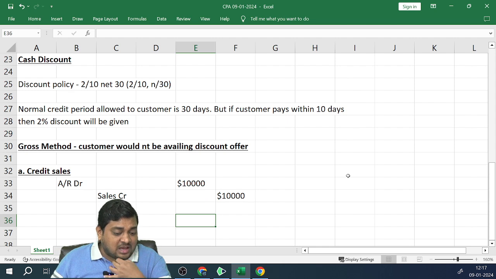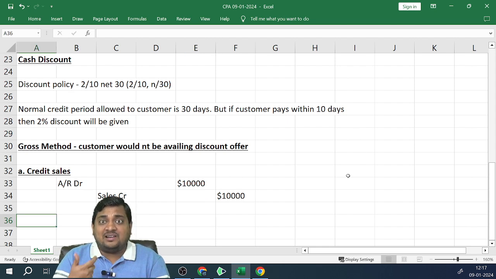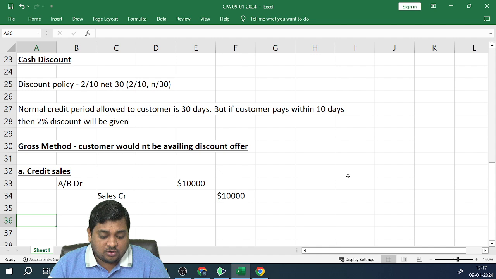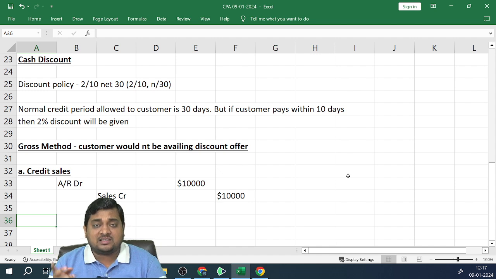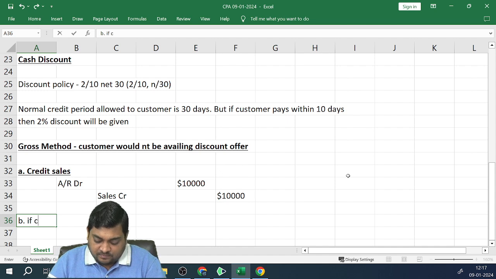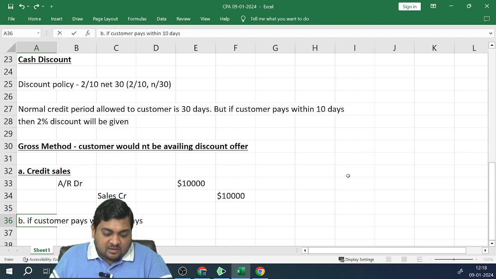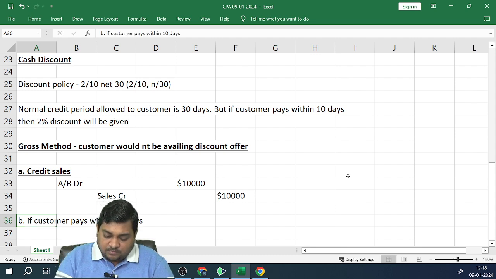At the very first outset, you need to make an assumption whether he will avail the discount or not. So we have assumed that he won't be availing the discount offer. But if the customer pays within 10 days, then what are we going to do?